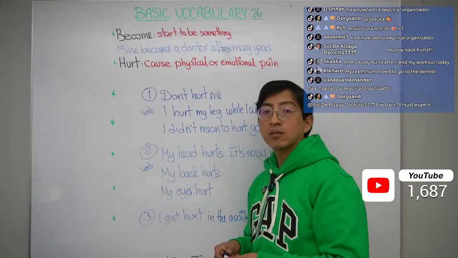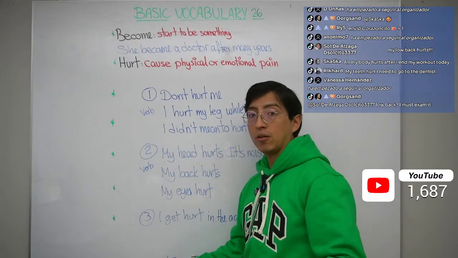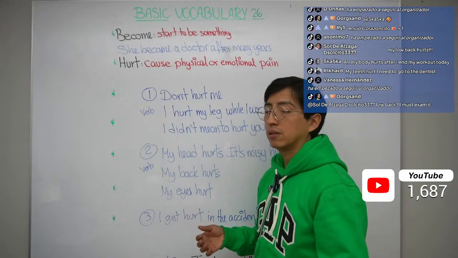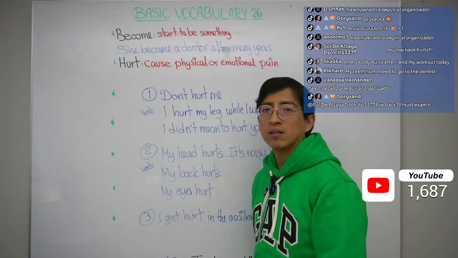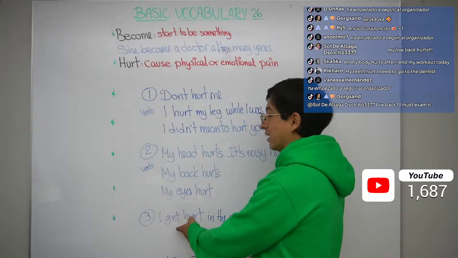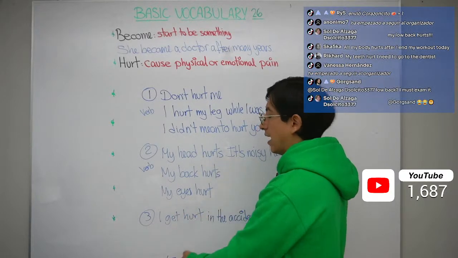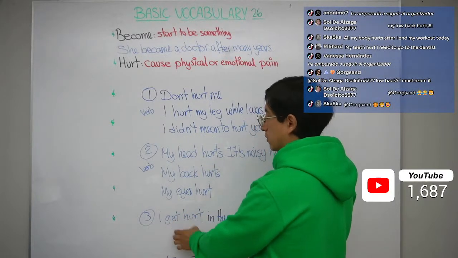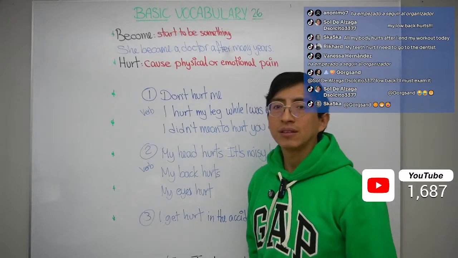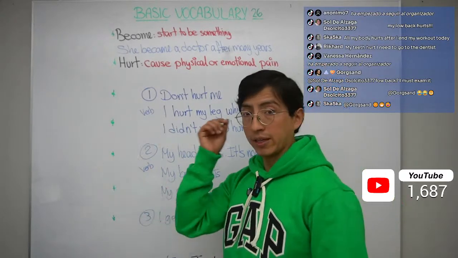It wasn't your mistake. Somebody was driving and you had this injury. You can say I get hurt, or simple past, I got hurt. Very good, guys. Now, let's continue with the explanation in Spanish.